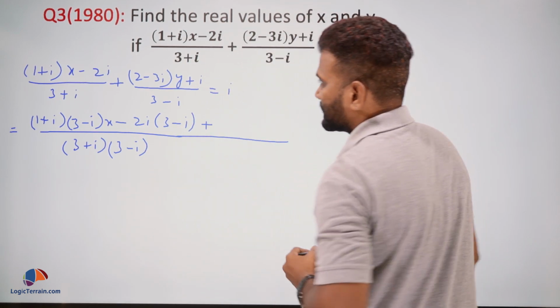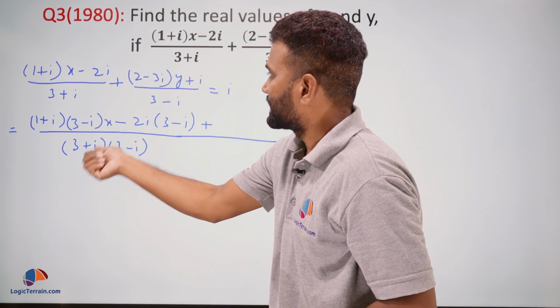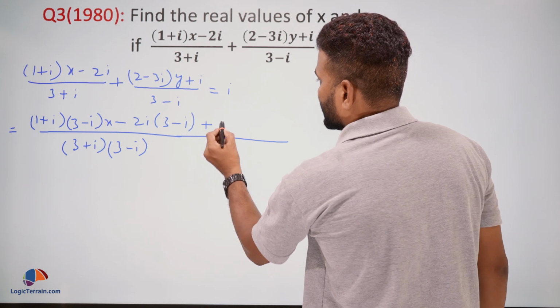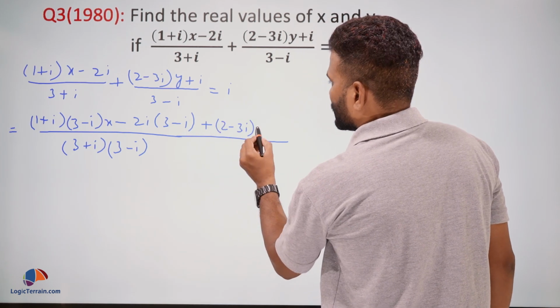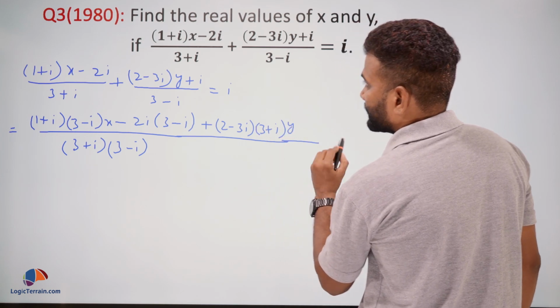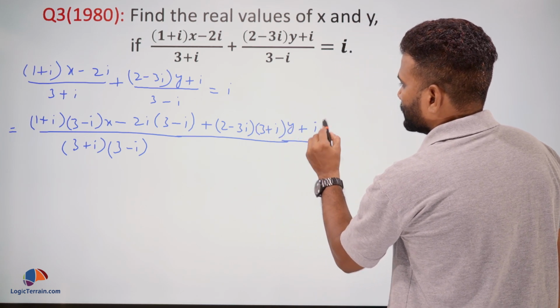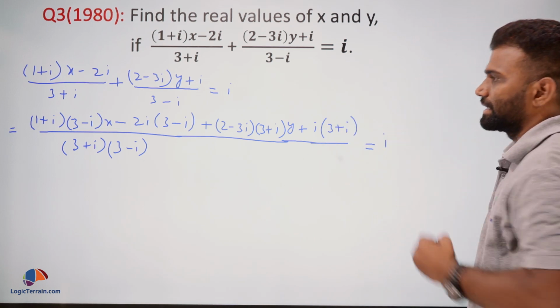For the plus, here 3 − i gets cancelled and 3 + i times of the numerator, in the same way, that is (2 − 3i)(3 + i)(y + i)(3 + i) is equal to i.